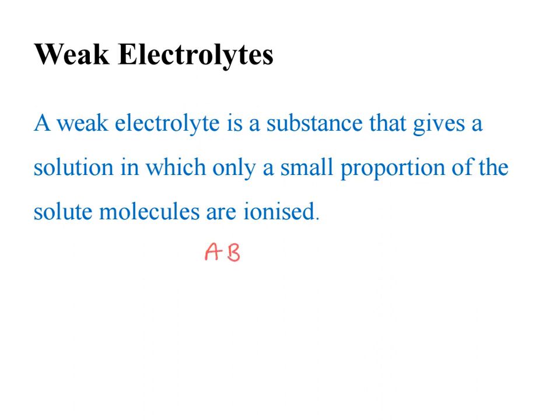If I take an electrolyte AB which undergoes ionization to a lesser extent, that means most of the concentration will be undissociated compared with the dissociated, and these we call as weak electrolyte. Due to this dissociation being less, the equivalent conductance value for these electrolytes is low. So we can observe low value of conductance.